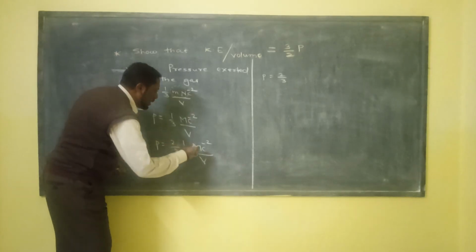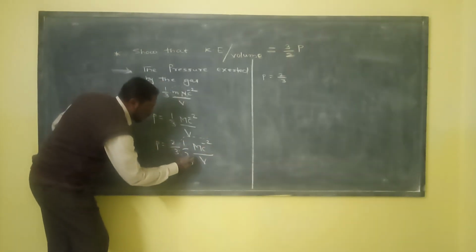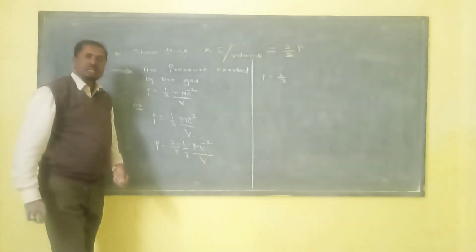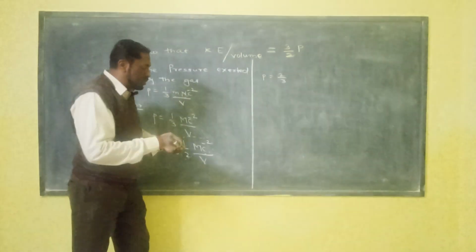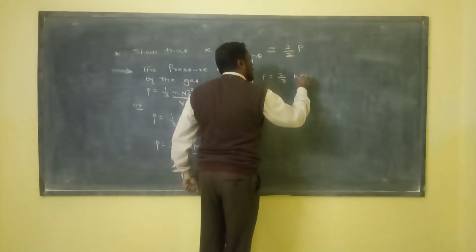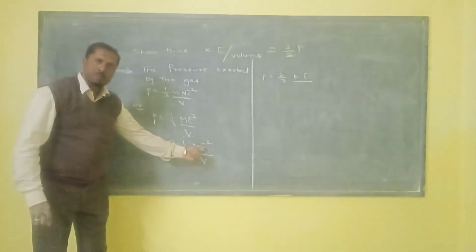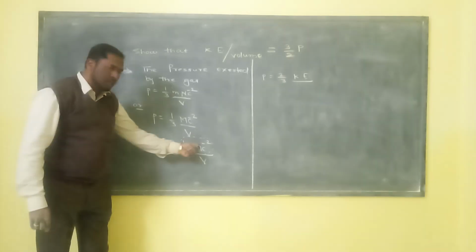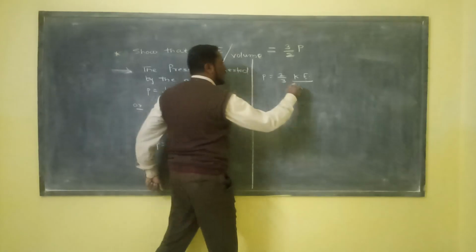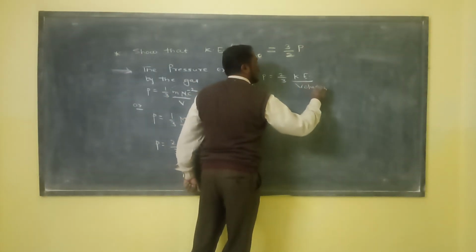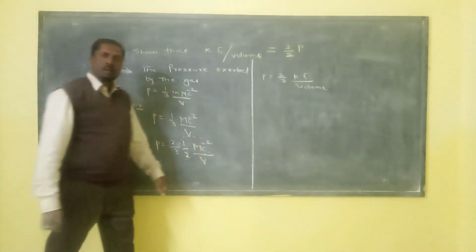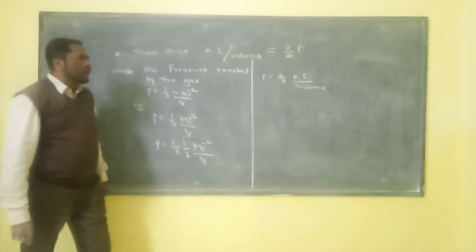What do we understand by this factor? 1/2 mc square, that is 1/2 mass into velocity square, and this is nothing but kinetic energy. To the denominator, what is there? V. V is nothing but volume.